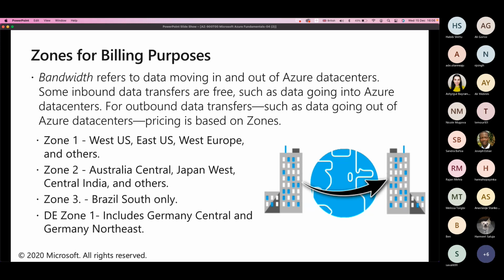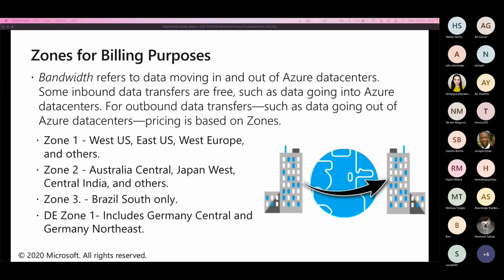Now, in terms of the zones, there are three broad zones generally. We've got West US, East US, West Europe, and others all in Zone 1. Zone 2 being Australia, Central Japan, Australia Central, Japan West, Central India, and others.